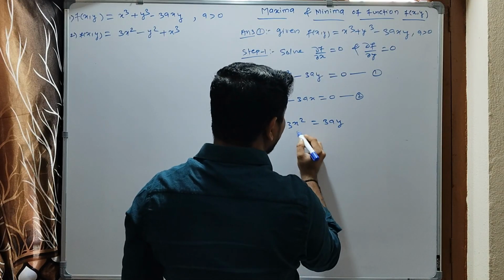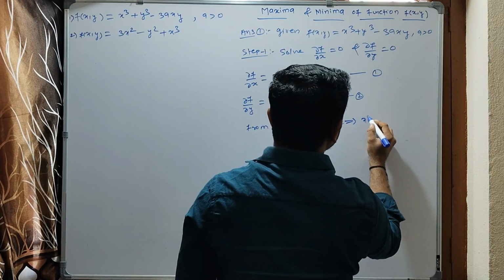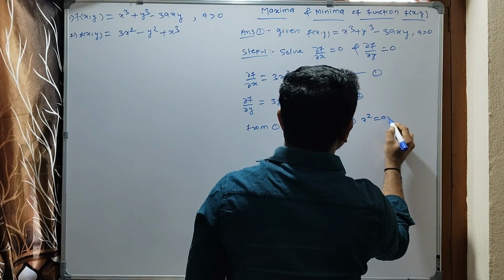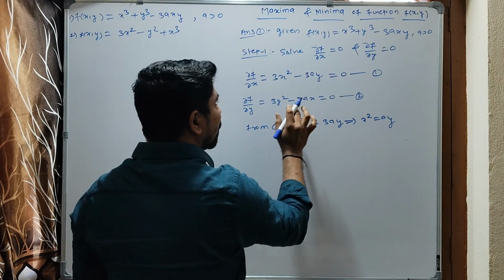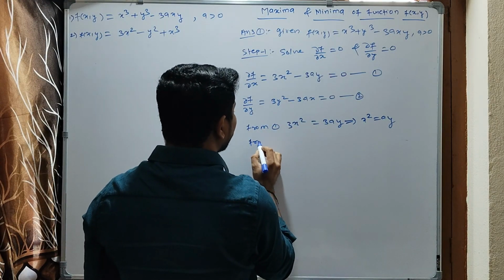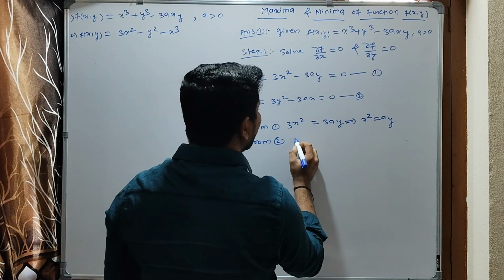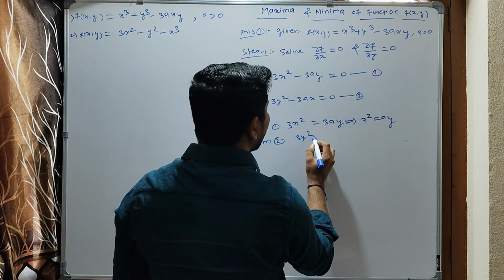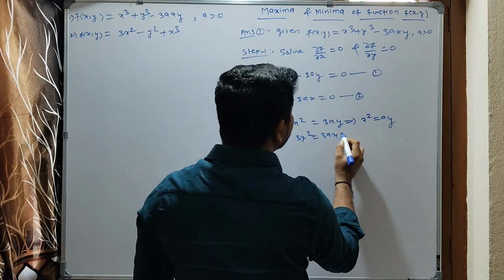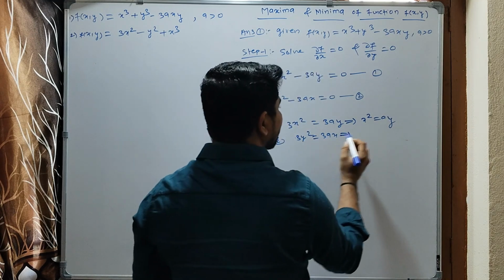So 3 gets cancelled. This implies x square equal to ay. Now from 2, I can write 3y square equal to 3ax. This implies 3 gets cancelled.